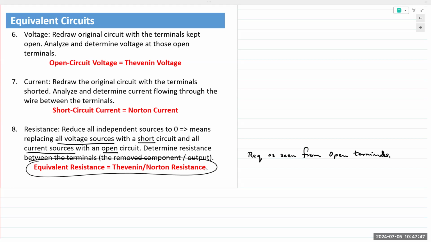Okay, so as I was saying, to find Thevenin resistance, you replace all independent sources in the circuit with 0. This is something we did for superposition.